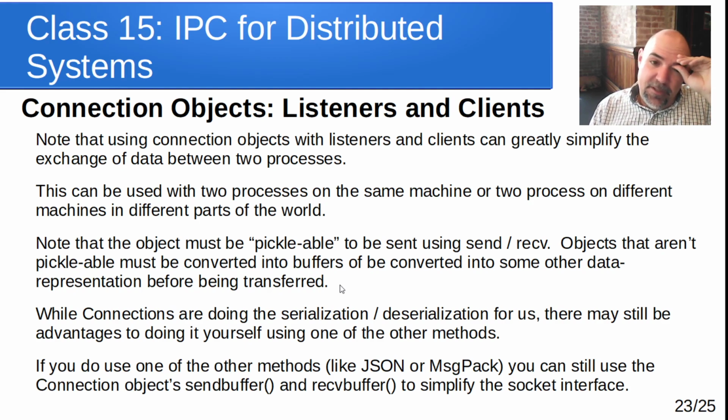One thing to note, though, is that the objects have to be picklable to be sent using send and receive. Objects that aren't picklable have to be converted into some sort of buffer that is picklable before being transferred. And you might say, well, what is picklable and what is not, and how do I know? Well, generally, things that are built into Python, dictionaries, lists, even object instances, those are picklable unless parts of them are not pure Python.